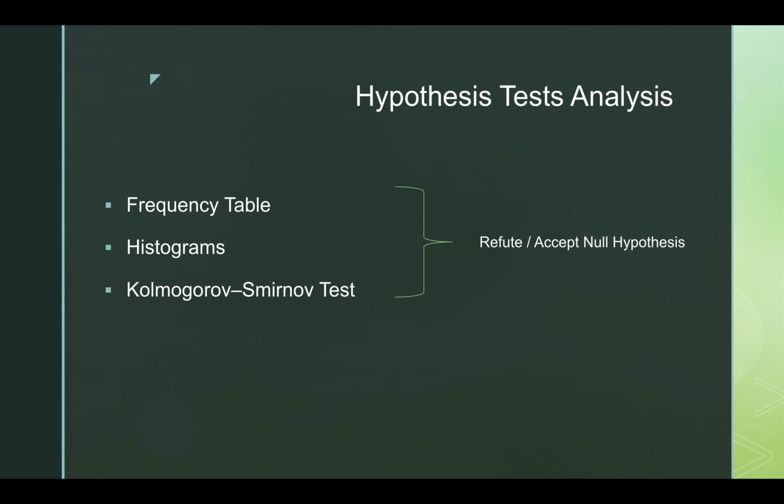Now for the hypothesis test analysis, we're going to see if we refute or accept the null hypothesis, and see if our variables are statistically significant, or if the difference is statistically significant or not. For this, we're going to perform a frequency table, histograms, and the Kolmogorov-Smirnov test.